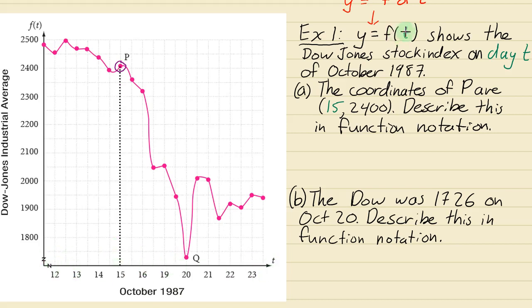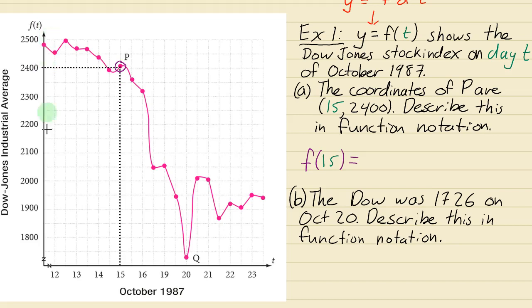If that's a value of t, that means that's the input into the function, so we're going to write that as f of 15 equals, well, the 2400, that is the value of the stock market there, and that is the f of t value, or in other words, the y value.